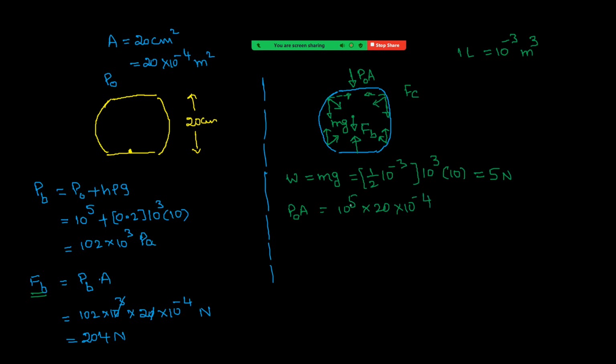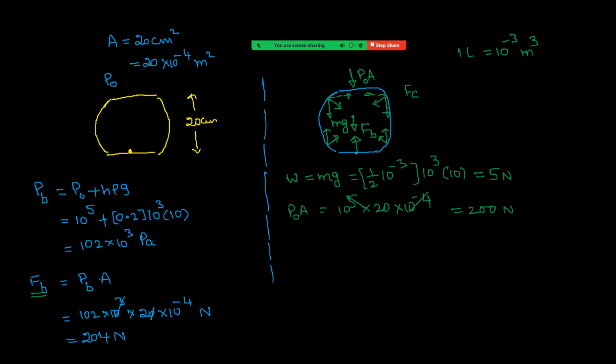Okay, 10 power 5 and this gets cancelled. Remaining is now 10 and here 20. This is 200 Newton. Okay. So P naught A is 200, that is downwards. mg is 5, that is downwards. So 205 that is downwards.